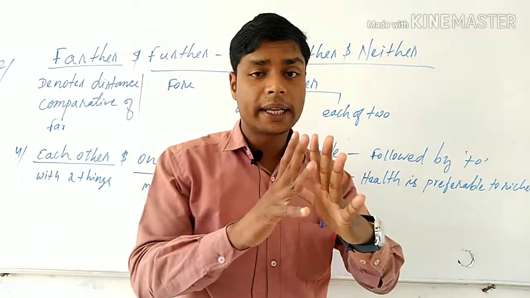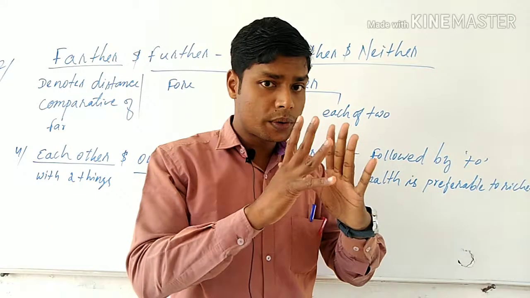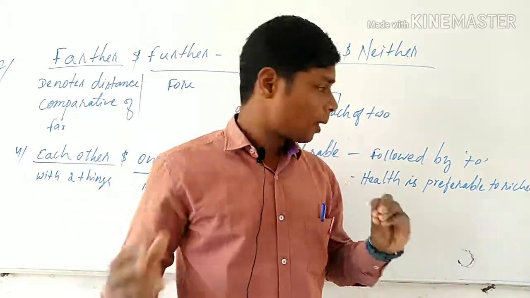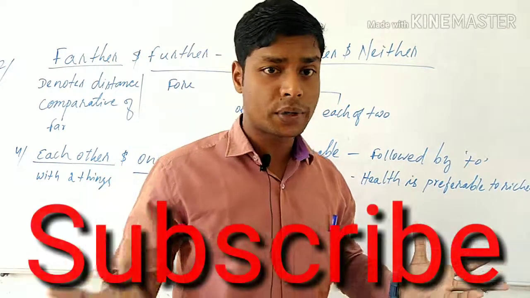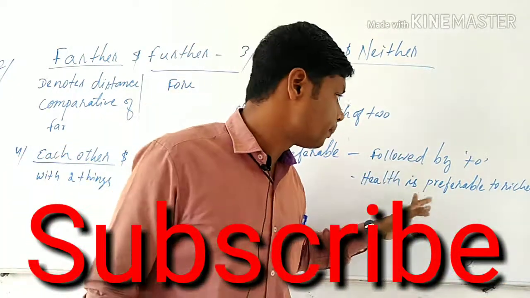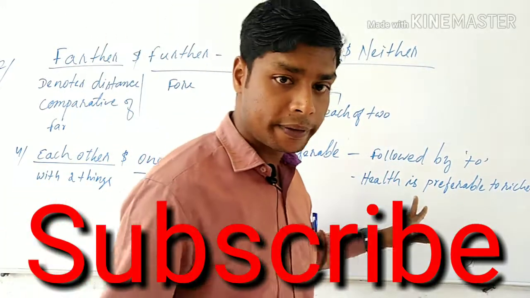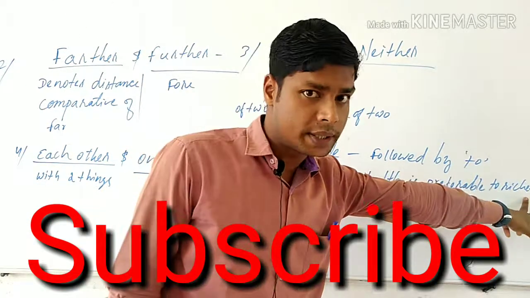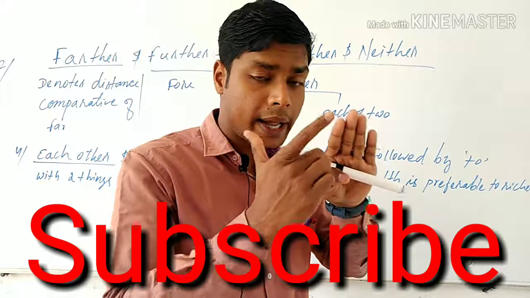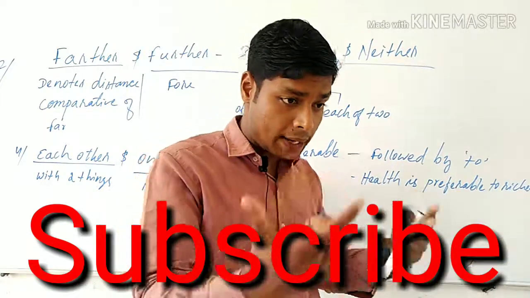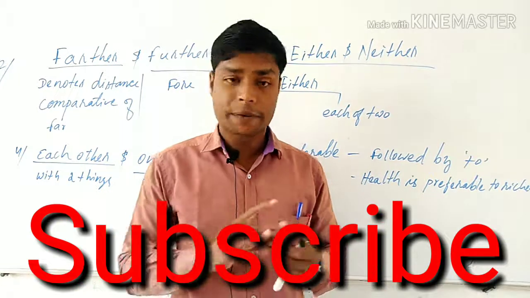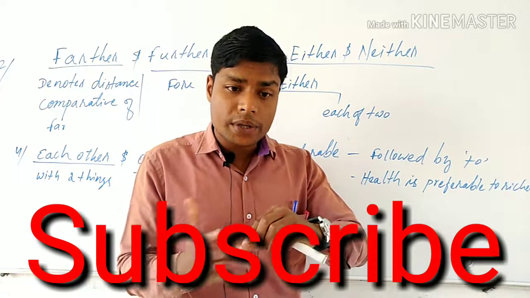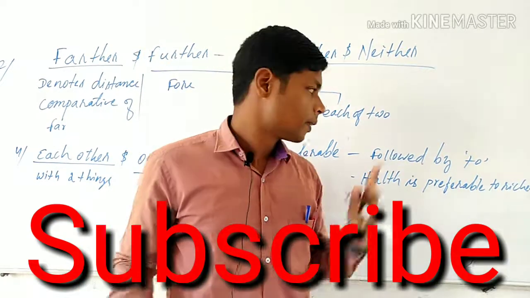That's why preference happens between two things. We can use preferable between two things. That means we prefer health to riches, because unless and until we have good health, how can we enjoy our riches? Therefore, health is more precious and more valued than riches.